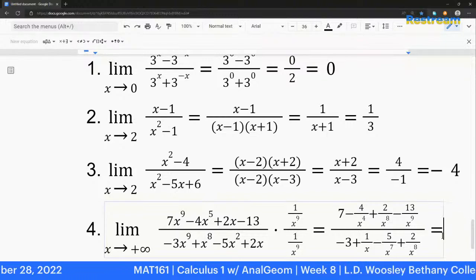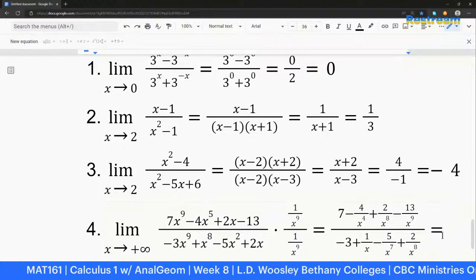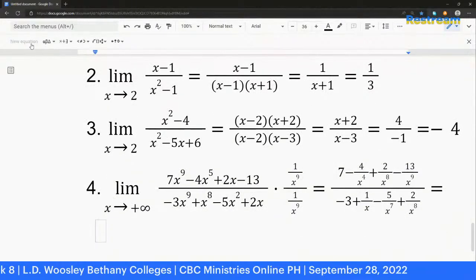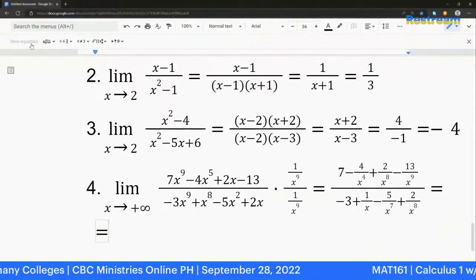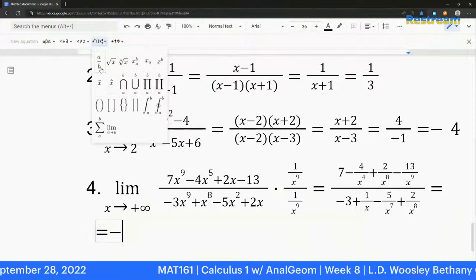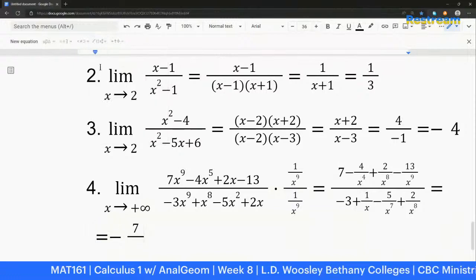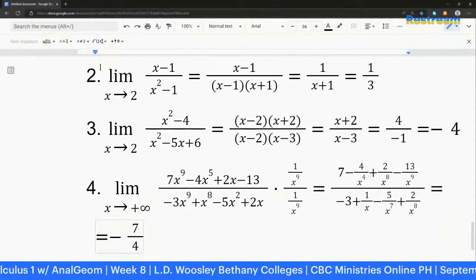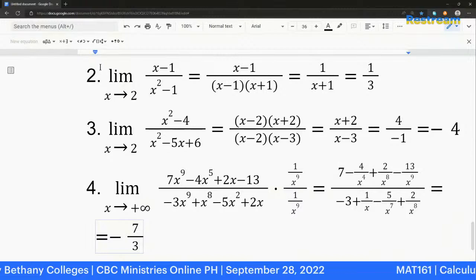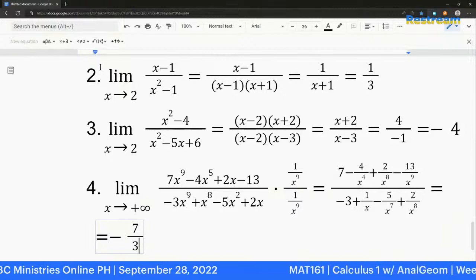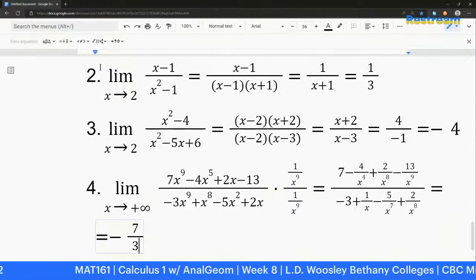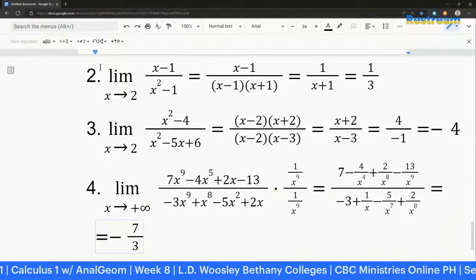Anyway, sige. Sa kabila na lang. So that would become negative of 7/3. So that's the answer, guys. Right? So for that item, negative 7/3. Okay. What else?